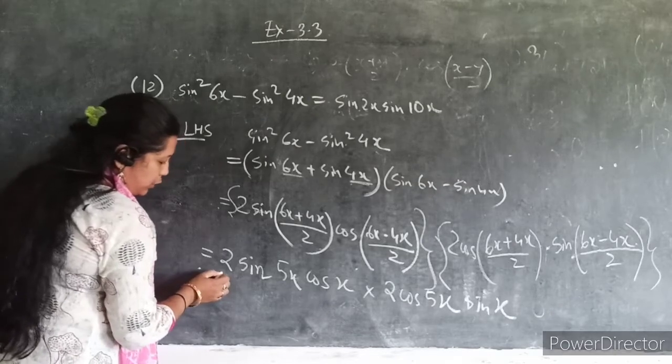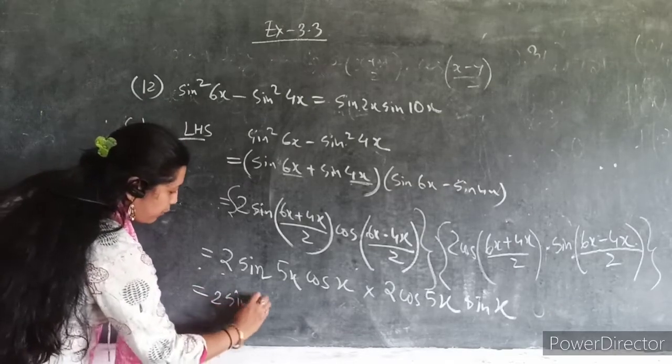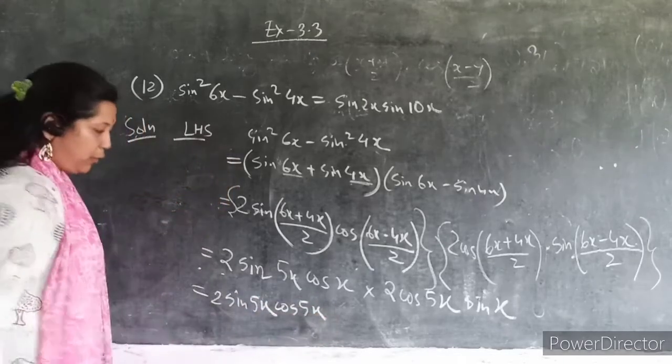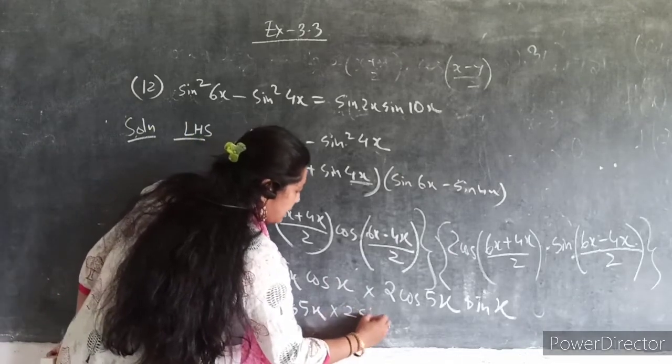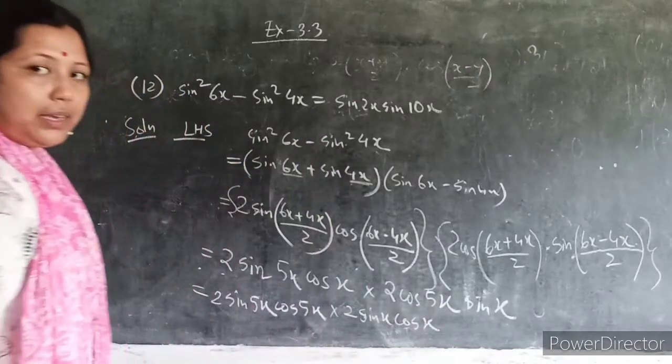Okay, so what we shall now do is correlate some terms. If you see here, 2 sin 5x, let us bring the angle together, cos 5x before, and the remaining part, 2 sin x and cos x, you can keep as it is.